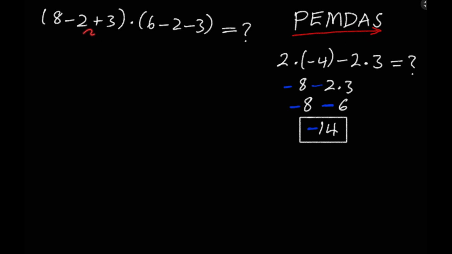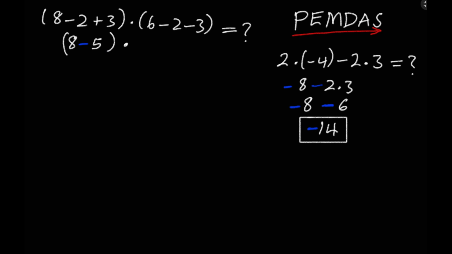Now we have 2 plus 3, that is 5. We have a 5. Let's bring down the negative sign and then bring down the positive 8 in the parenthesis.